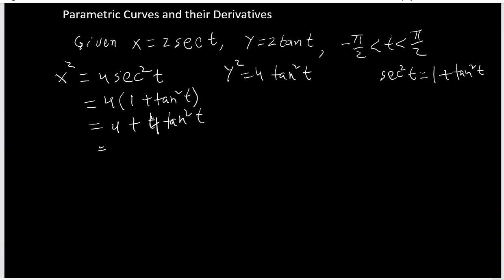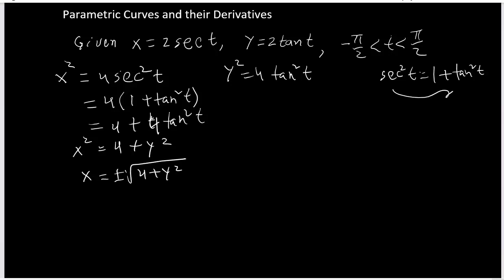So this is basically 4 plus y squared. So x squared equals 4 plus y squared. x will be plus or minus the square root of 4 plus y squared.